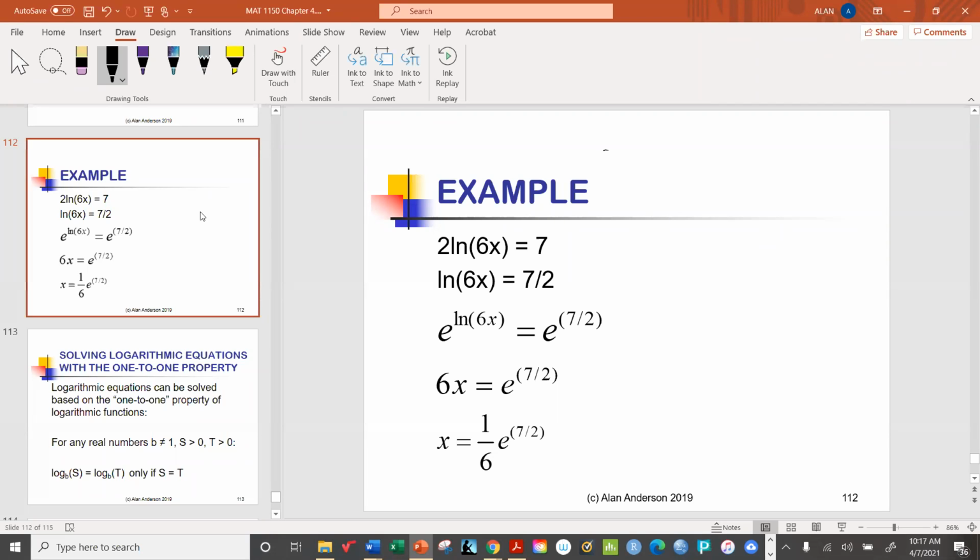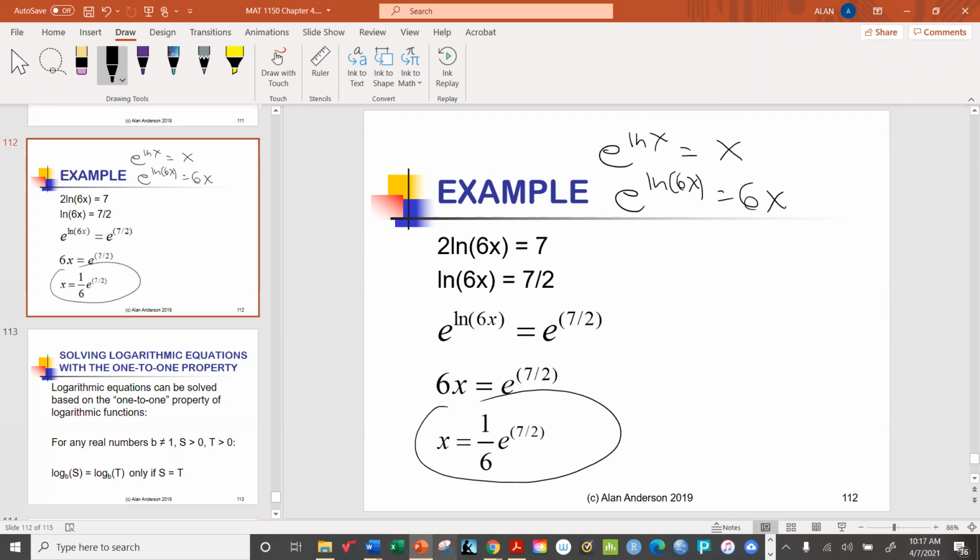And again, remember, e to the log x equals x. Okay, so therefore e to the log 6x must equal 6x. That equals now e to the 7/2. And I can just say x equals 1/6 of e to the 7/2 power. And I can just leave it like that. And if you want to plug it in and double check, you can certainly feel free to do so.